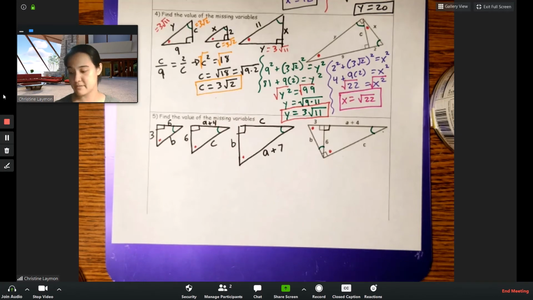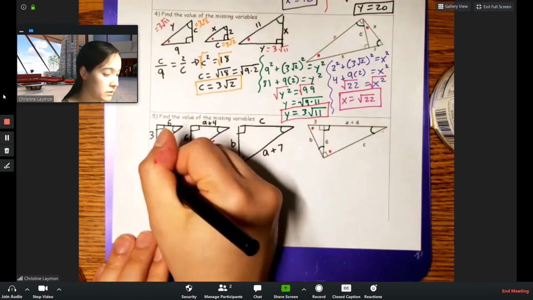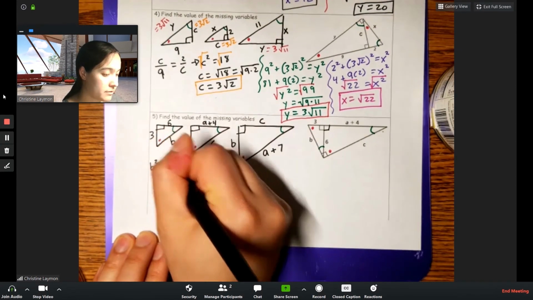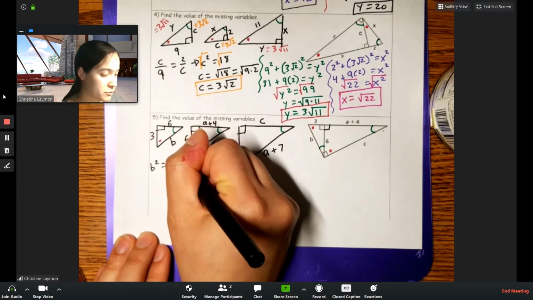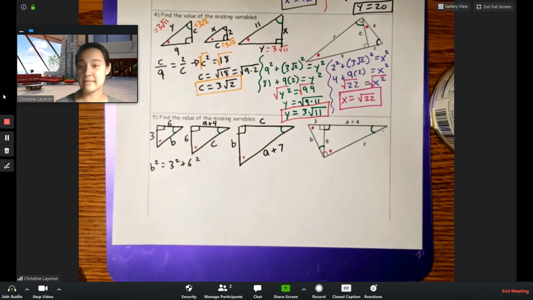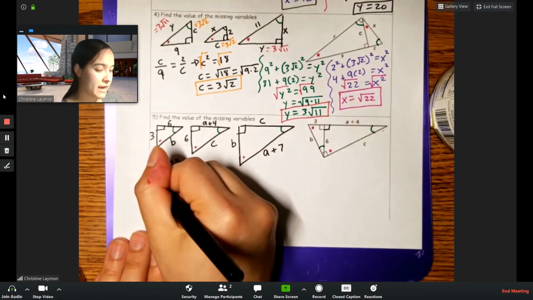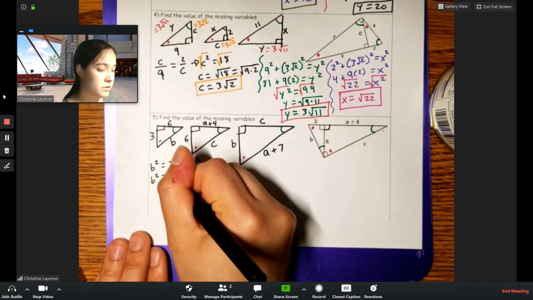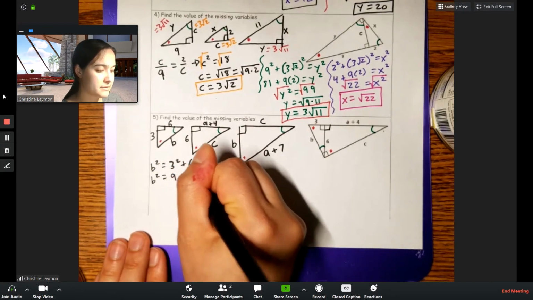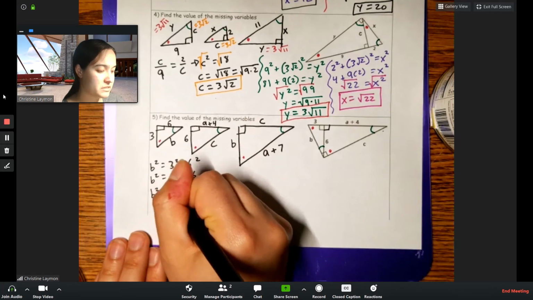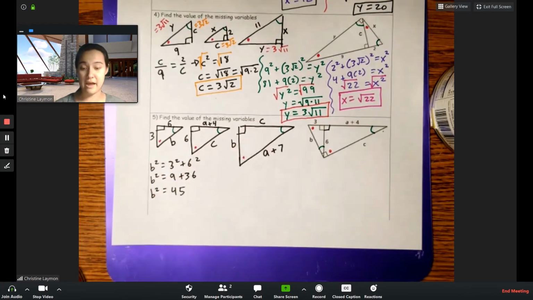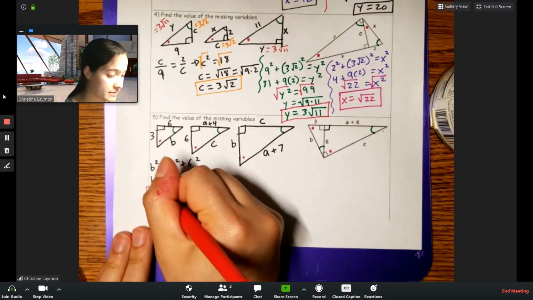Let's see what happens. So again, I'm going to solve for B right now. I'm going to say B squared equals 3 squared plus 6 squared. So I have B squared equals 9 plus 36. So B squared equals 45. I'm going to go ahead and take the square root of both sides.